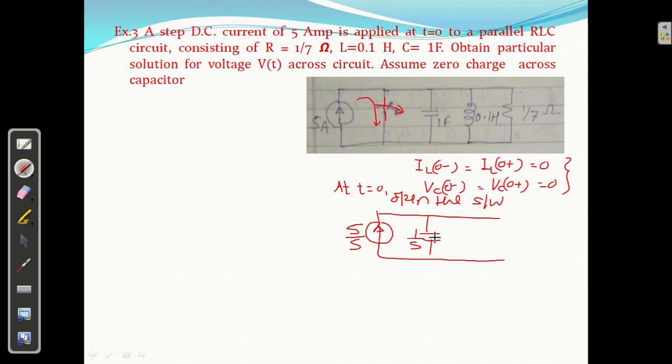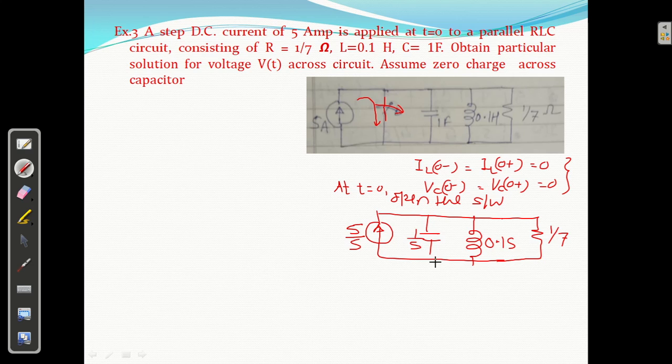Okay. L will be LS, 0.1 S, and R will be R, 1 by 7.